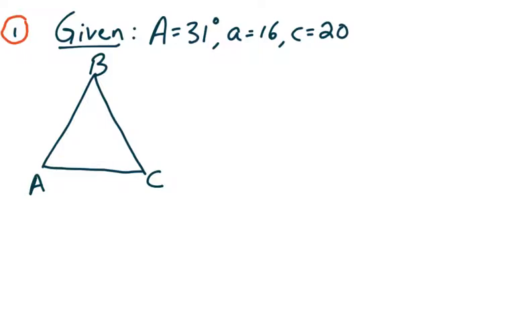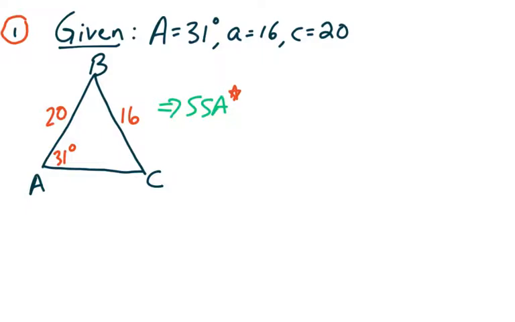I'm given angle A as 31, side A across from angle A is 16, and side C across from angle C is 20. We look at the case. It is the strange SSA. So right away, lights go off in your head. Tread softly and be careful.